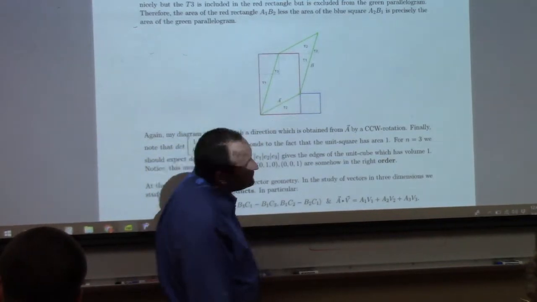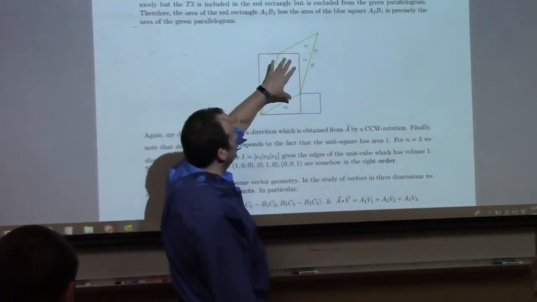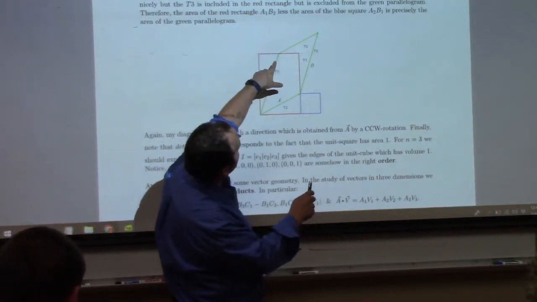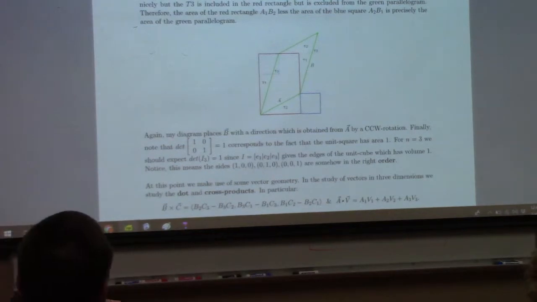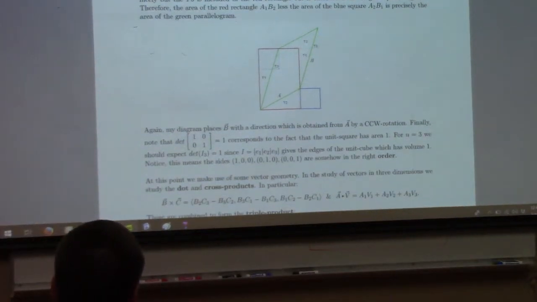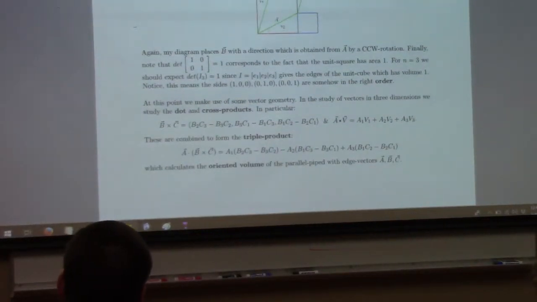I mean, you can actually see the area as being this if you sort through this picture. And for those of you who had Calculus 3, I actually derive the formula for the triple, remember that triple product formula we have? Well, if you look at that, that is exactly my definition of determinant in the 3x3 case, all right?